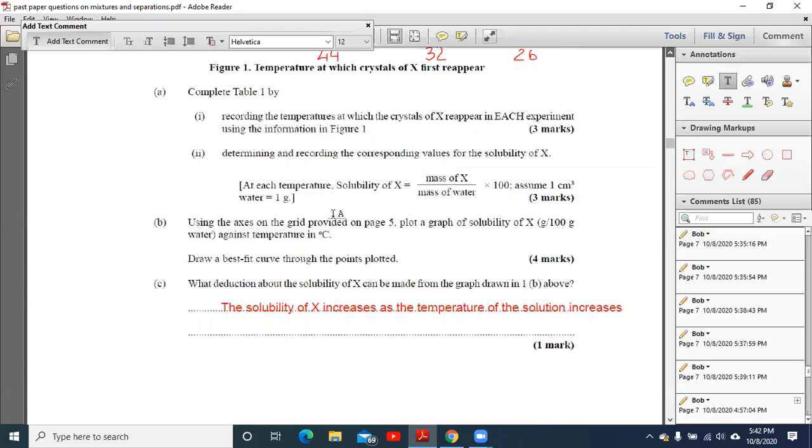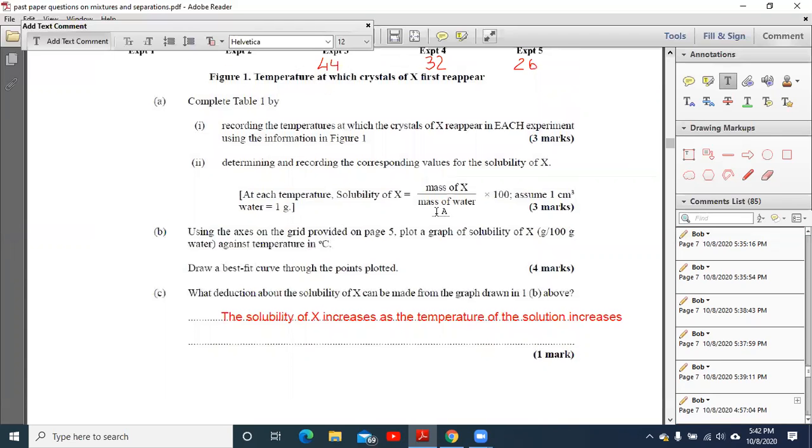And if we look at the table, we see that if we have the solubility at that particular temperature here, we can plug it in, and one of the values in the equation actually says the mass of water.